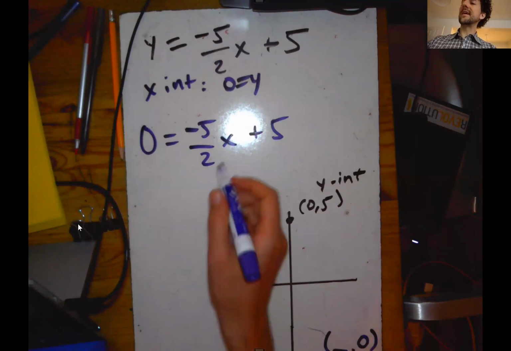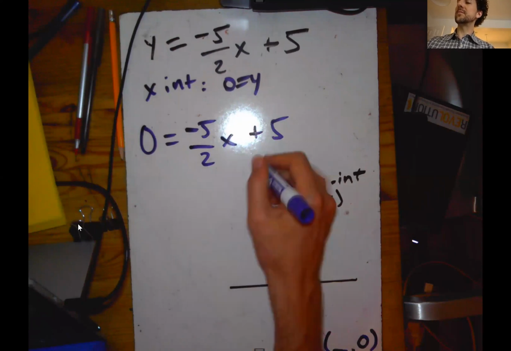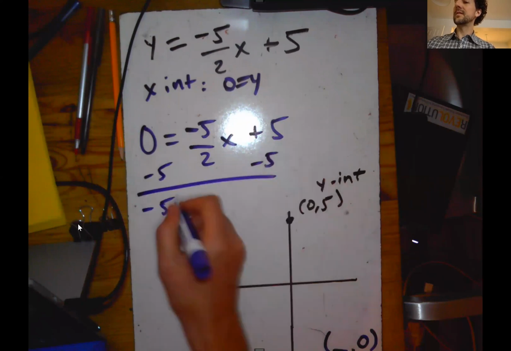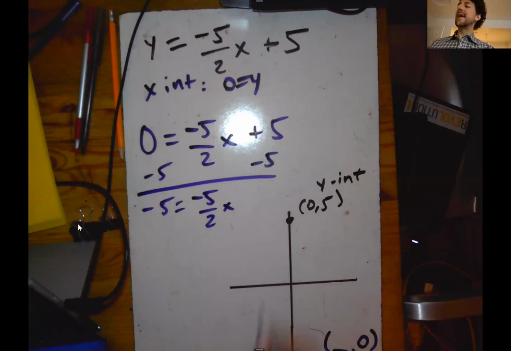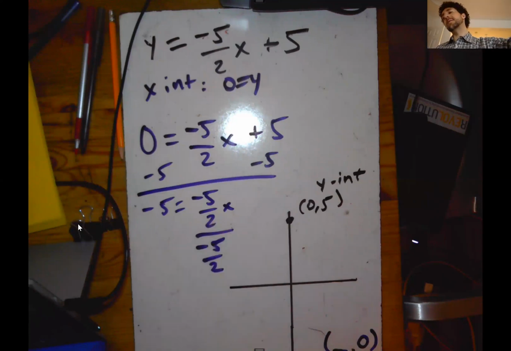So isolate x. Using inverse operations, we need to subtract 5 from both sides. Now we need to divide by -5/2. But when we're working with a fraction, that's a pretty tricky thing to conceptualize.